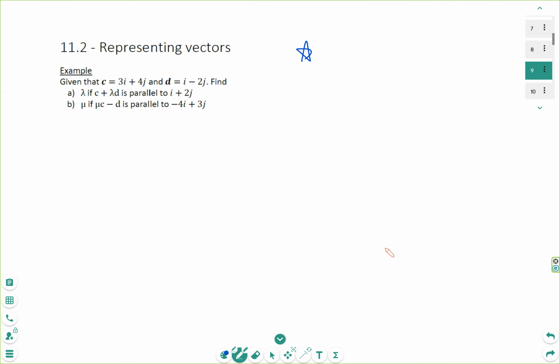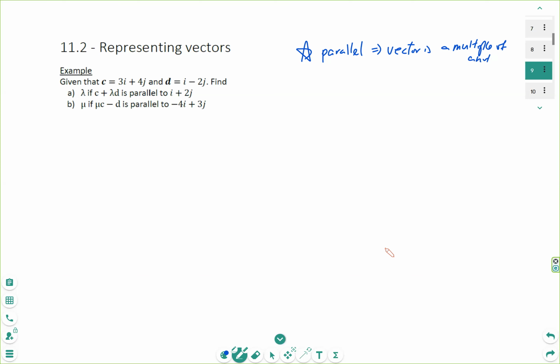Or if we think of them as lines, two lines are parallel means their gradient is the same. So parallel means the vector is a multiple of another.